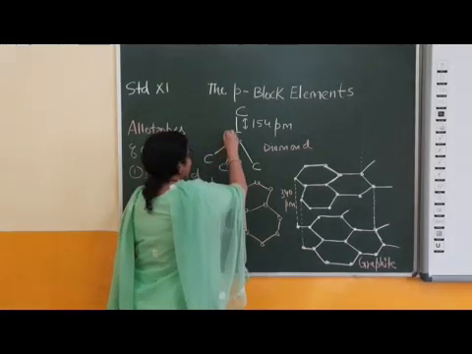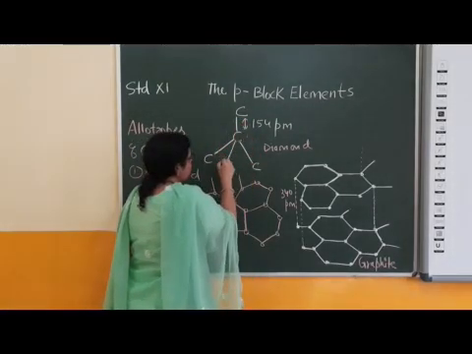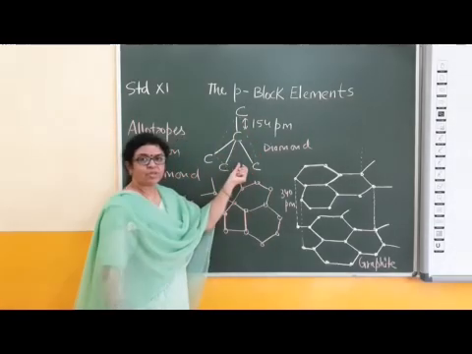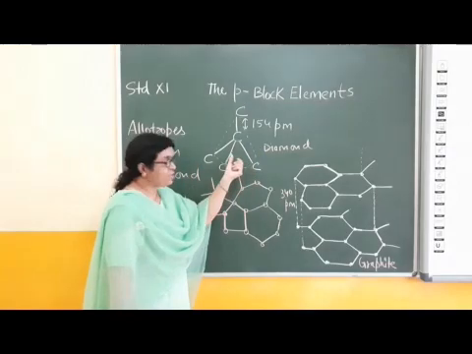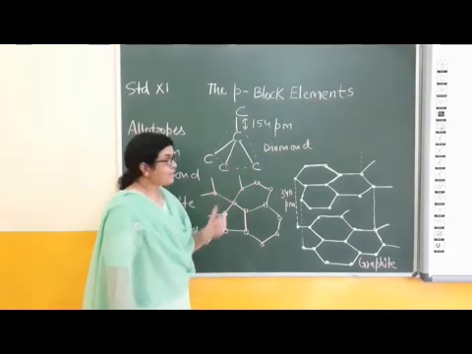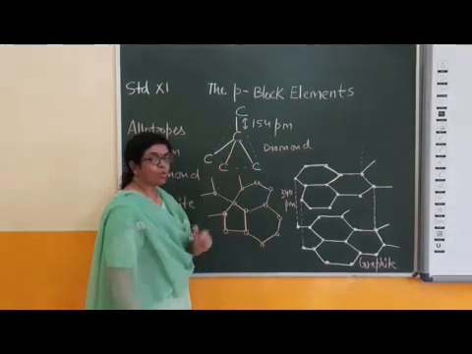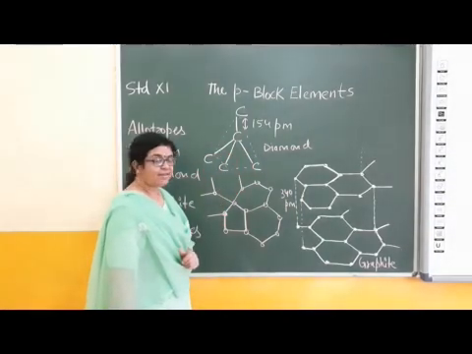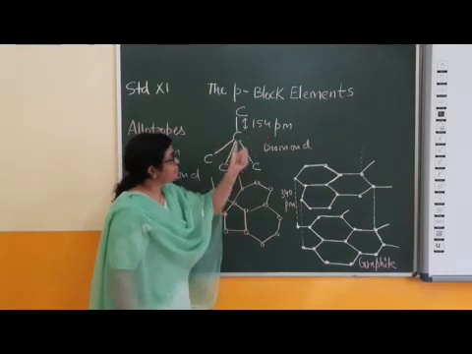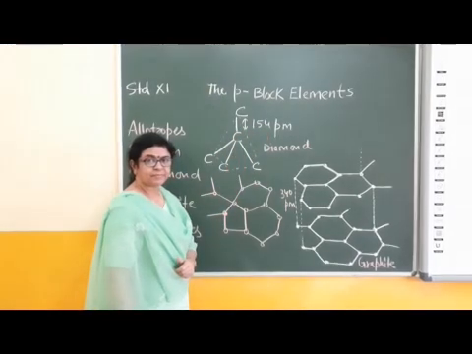Tetrahedral means when 4 corners are joined, a tetrahedral shape is obtained. No free valence is present in its structure. Each bond is purely covalent. The distance of the carbon-carbon bond is 154 picometer.